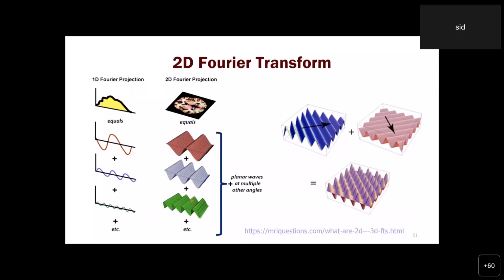What I'm showing you is that these three planar waves exist at a specific angle, but we can change the angle as I show here. Then when we mix them, we can create more perturbations, which can then be inverse transformed to obtain new images, new 2D distributions. So the core of a Fourier neural operator is the 2D transform.